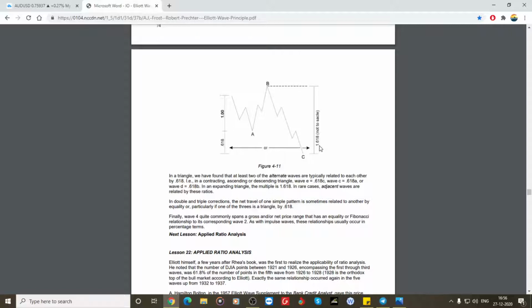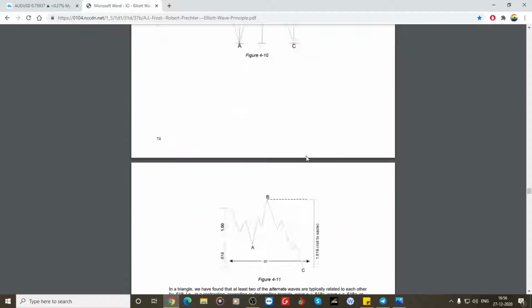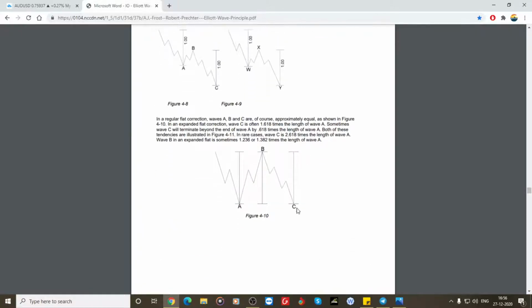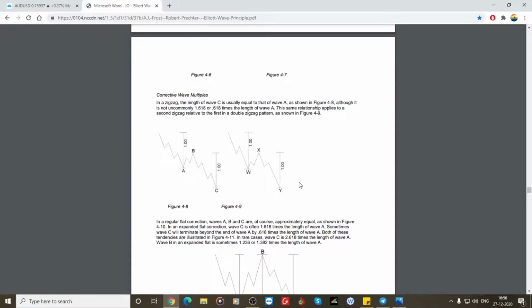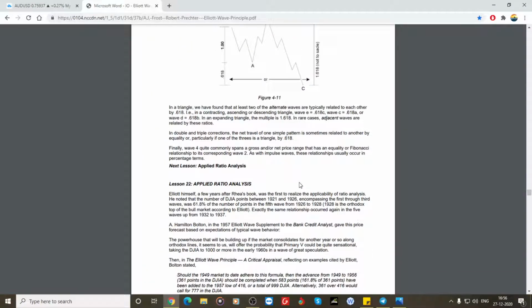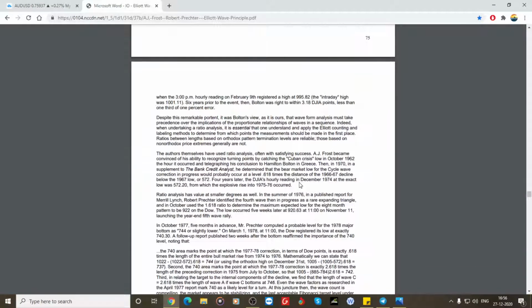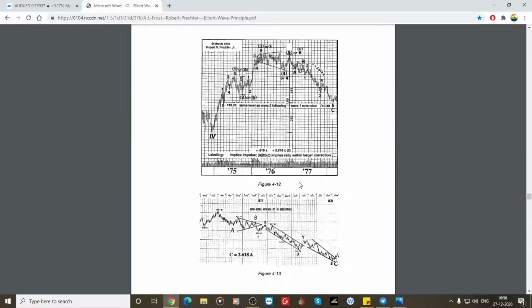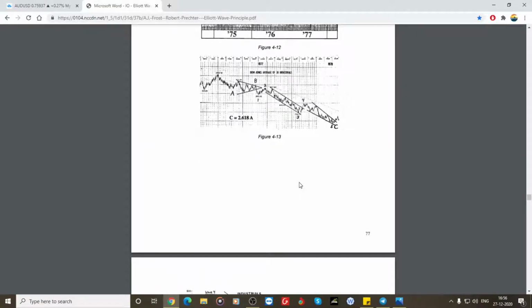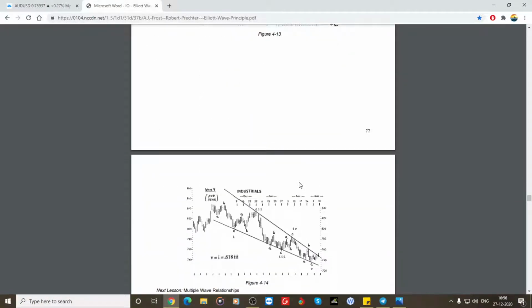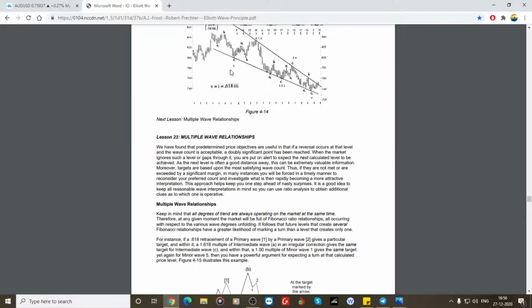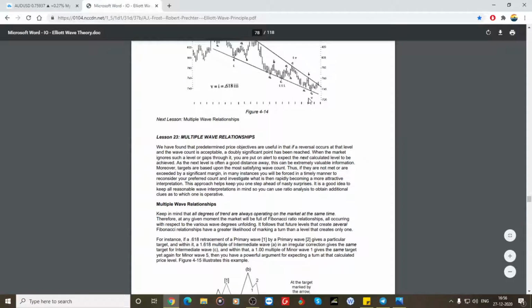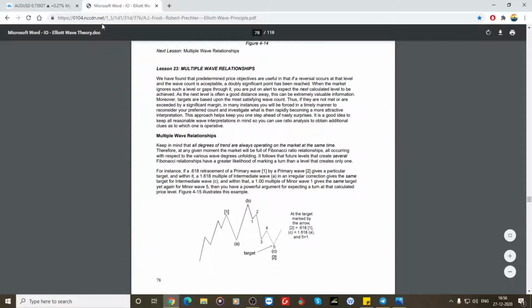Sometimes it could be 1.618 for the C wave, and sometimes it is equal to that also. So there are a lot of variations in the live market that you have to accept. The only thing you have to understand is how to use the fib retracement and fib extensions, and this kind of channeling and wedge formation.